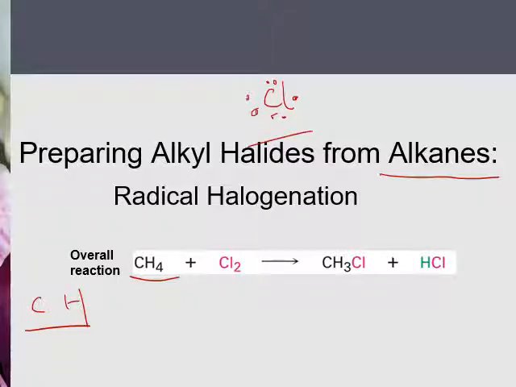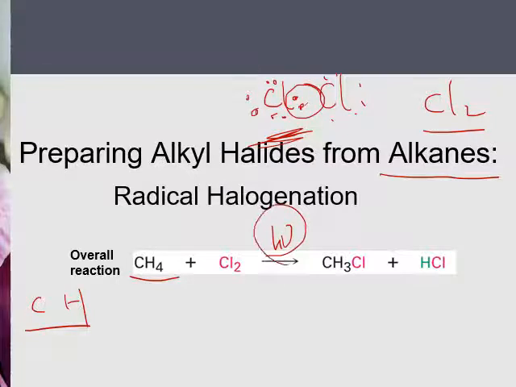Radicals are extremely reactive. So in nature, chlorine does not exist as a chlorine atom because it's a radical. Instead, 2 radicals combine together to form a molecule. So that's a chlorine molecule. Okay. So for a radical reaction, usually you need a radical initiator so you can generate a radical, or you add UV light.